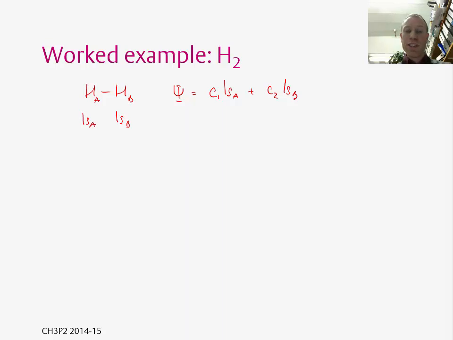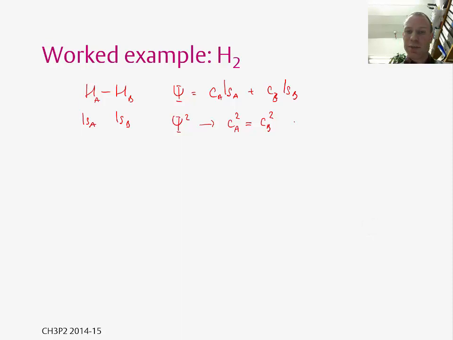You'll remember we often like to work with the wave function squared, and in the wave function squared we'll get terms involving c squared. Oh, sorry, I should have put a and b here rather than 1 and 2. So Ca squared has to be equal to Cb squared in this case because the molecule is symmetric, so we'd expect Ca and Cb to be the same.